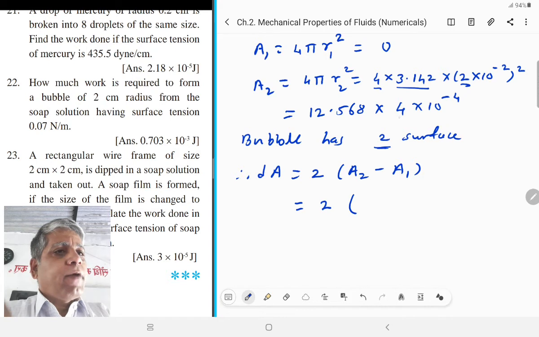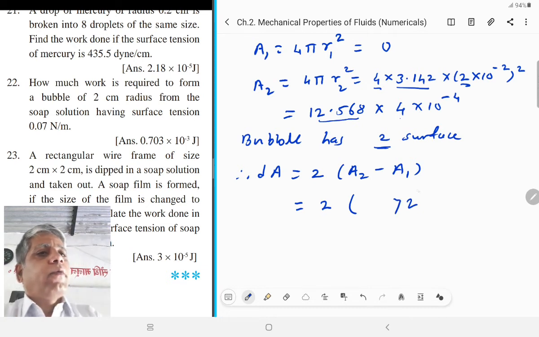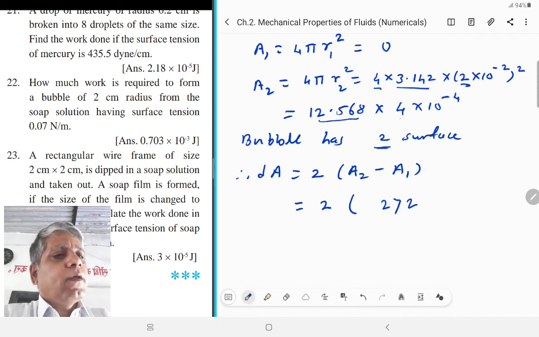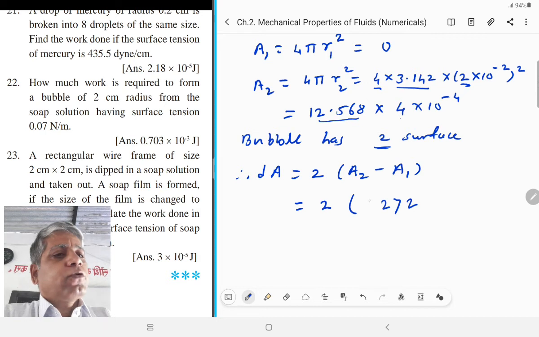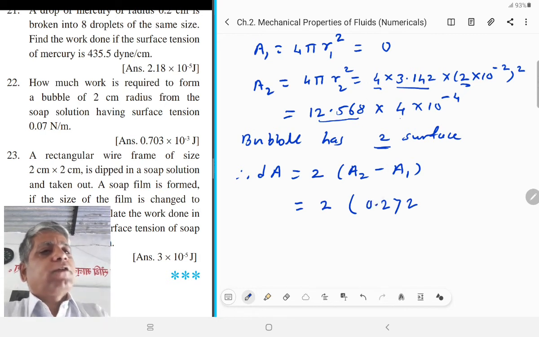If we multiply by 4 to this, 4 8s are 32, 4 6s are 24, plus 3 is 27, 4 5s are 20, plus 2 is 22, 4 2s are 8, plus 2 is 10, 1 cancels, 4 1s are 4, plus 1, that is 5.